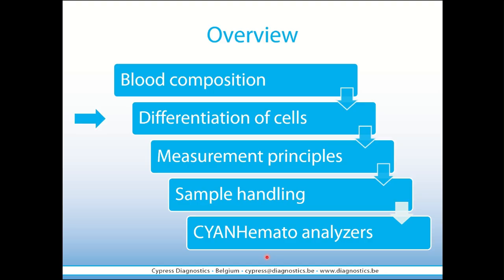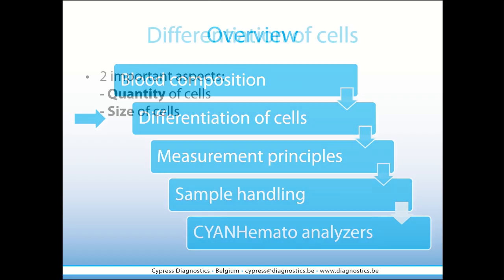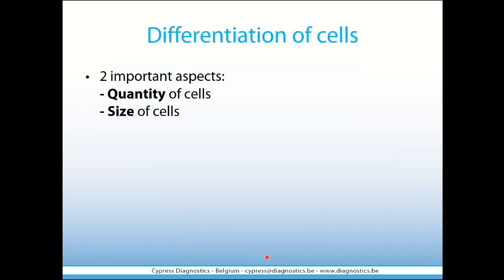Which properties are used to differentiate between all those blood cells? Let's have a look. There are 2 important aspects based on which the machine discriminates between the different cell types: the quantity of the cells and the size of the cells.